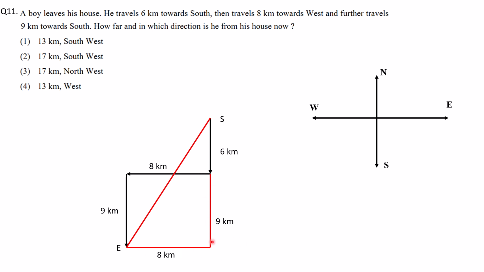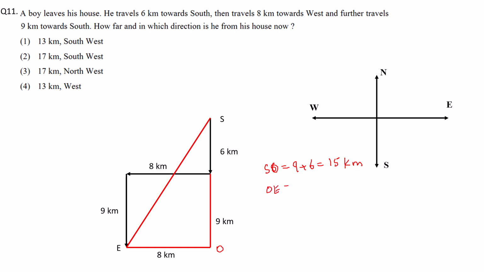Now what is the measure of this part? This will be 9 kilometers, because this side is 9, so opposite to it will also be 9, because it is forming a rectangle. This is 8 kilometers, so this is also 8 kilometers. Let's mark this point as O. So SO will be 9 plus 6, which is 15 kilometers.